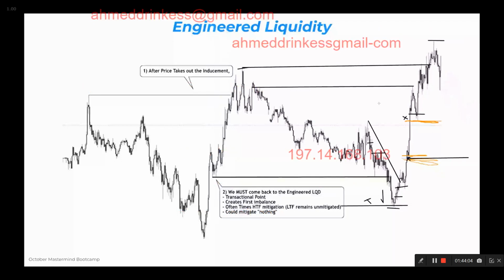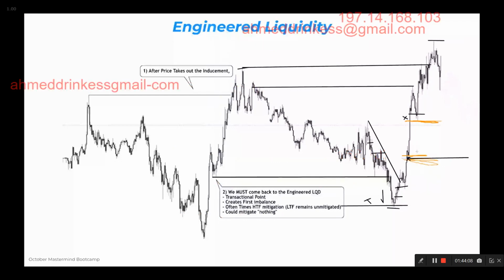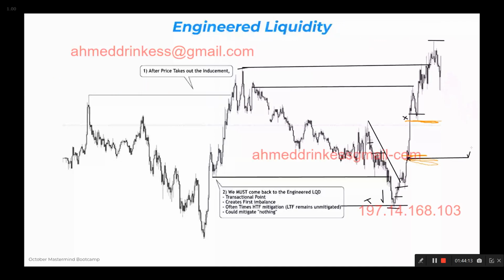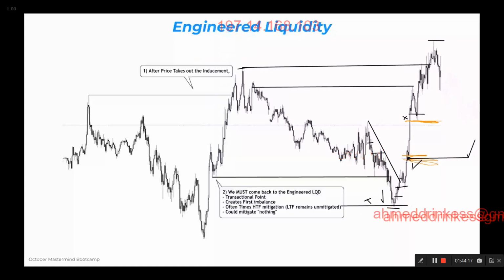One is an inducement and one is engineered liquidity. This right here would actually be the engineered liquidity because this happens after that first major imbalance. This is called something else.